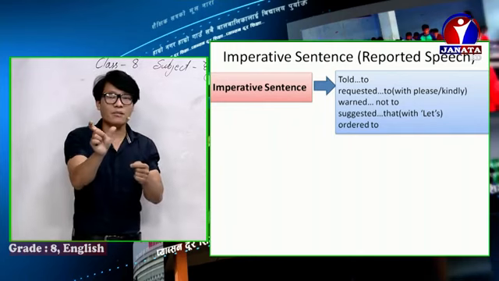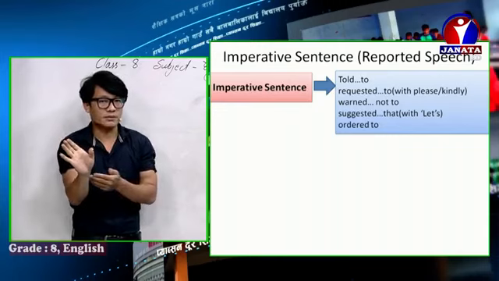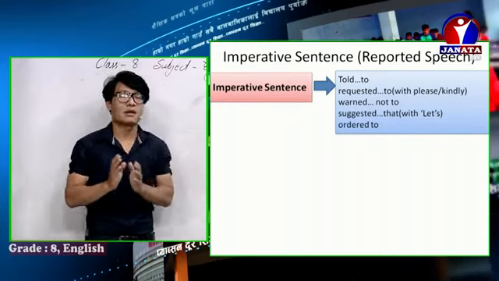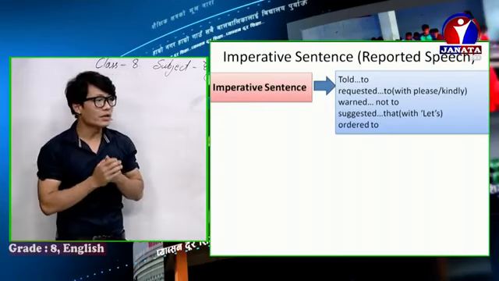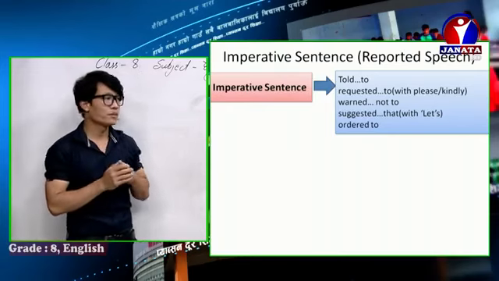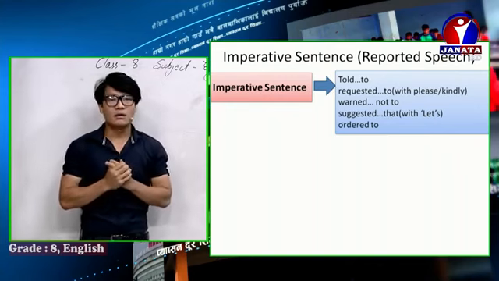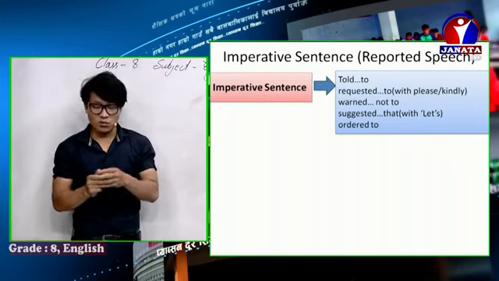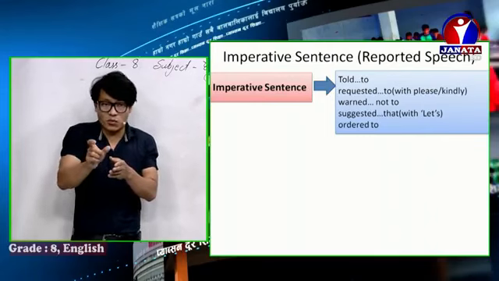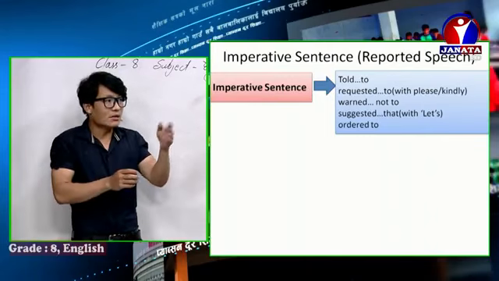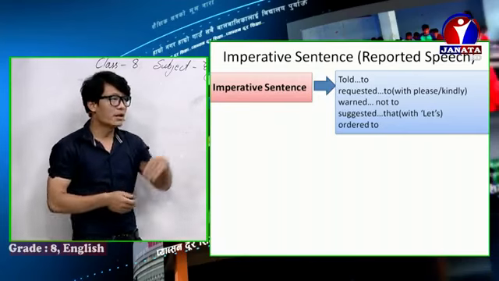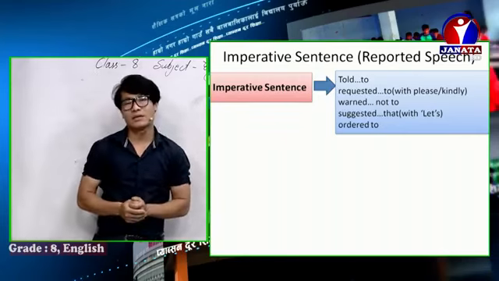If there is only come here, then that may not be a request. But when there is a please or kindly word, then that makes a request. So we need to write requested to. Next, one with not to: suggested that with let's. When there is let's with an imperative sentence, then we need to write suggested that. We will practice, don't worry. And there is ordered to. Now let's practice.